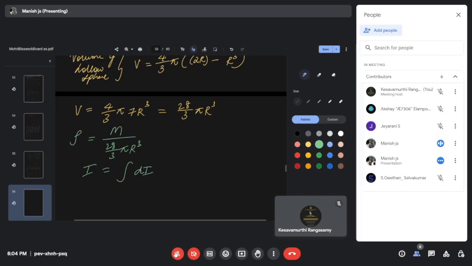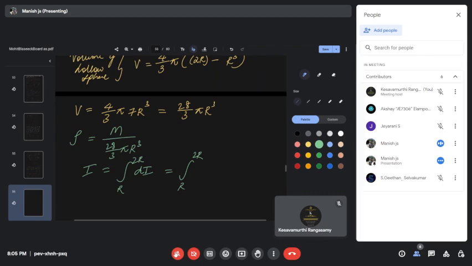When I say hollow sphere, the limits would be radius r to 2r. Only that region we want, for that corresponding thickness. So therefore we go for an integration, substitute, and then simplify and integrate. That's how this question needs to be done. So the limits are from r to 2r. Now I go and substitute the corresponding value.